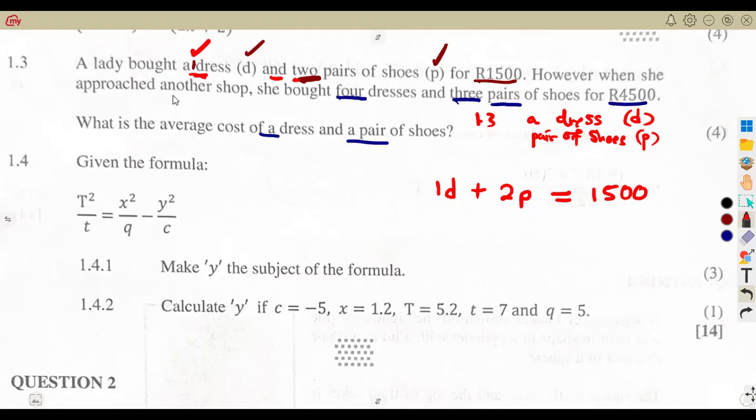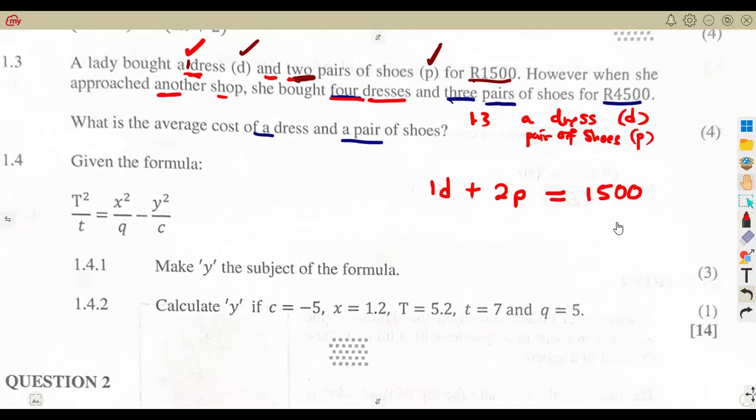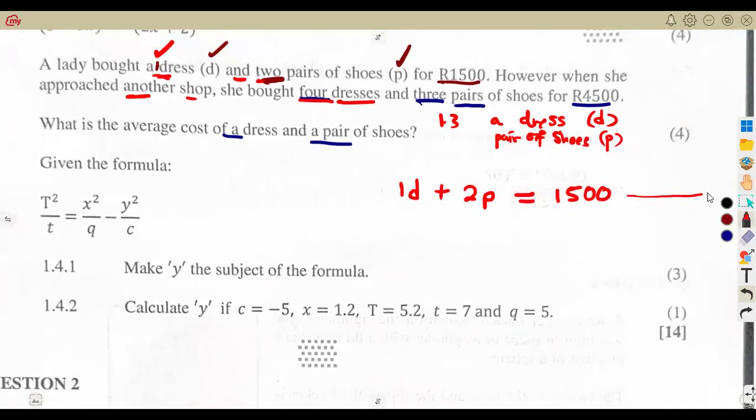However, when she approached another shop, there she bought 4 dresses. It's another condition. It's another equation. So this one, it's a statement on its own. It's an equation. In another shop, she bought 4 dresses. So that's 4D. And 3 pairs of shoes.